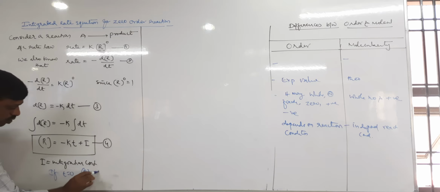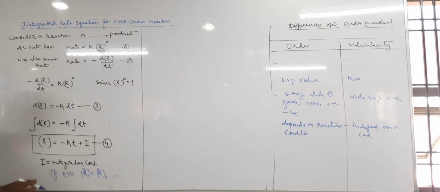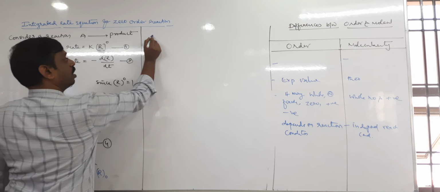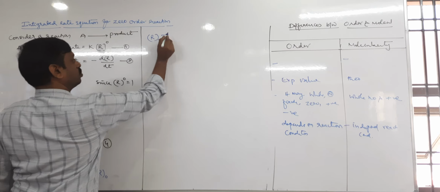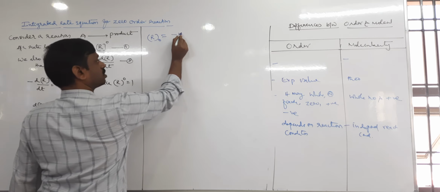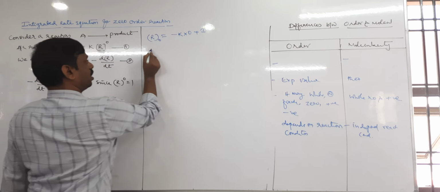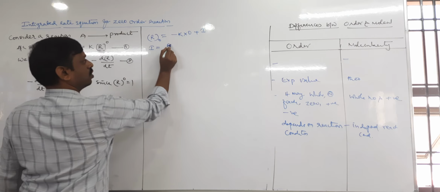R becomes R naught, because t equal to 0. Then substitute t equal to 0, R equal to R naught. Then what do you get? R naught equal to minus K into 0 plus I. It means I equal to R naught.